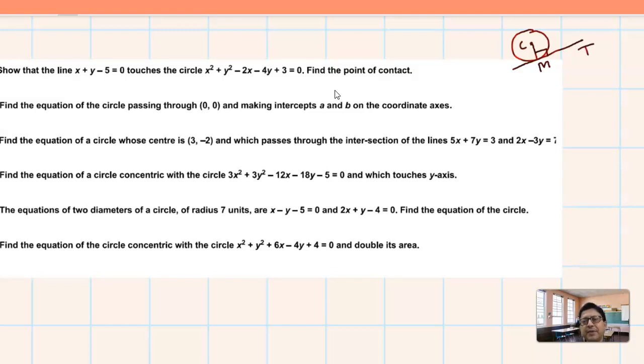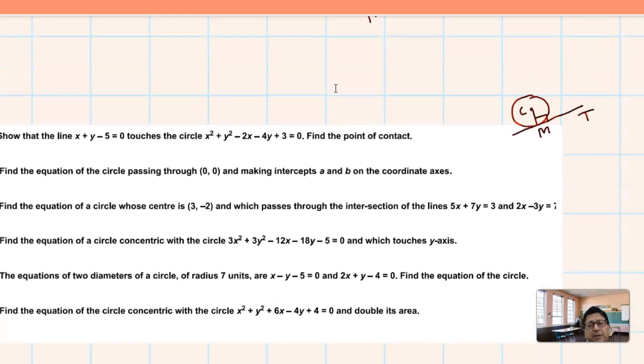This tangent MT meets at the point M on the circle. From the center, if I draw a perpendicular, that CM is going to be the radius. So the length of the perpendicular drawn from the center to the line is equal to the radius of the circle. This is the most important condition. So if CM equals R, the radius of the circle, the line will touch the circle.